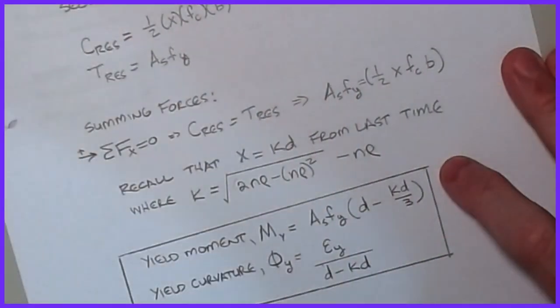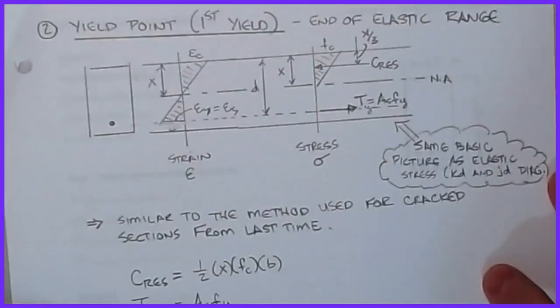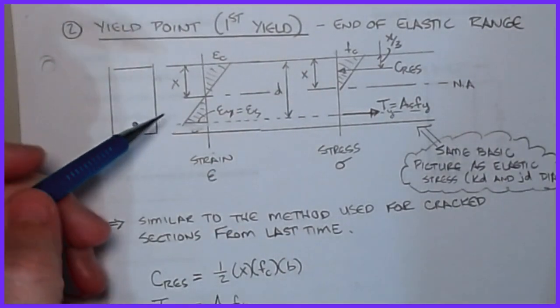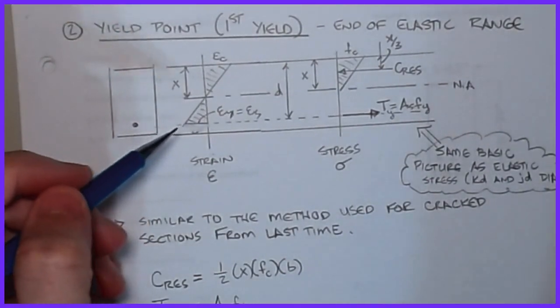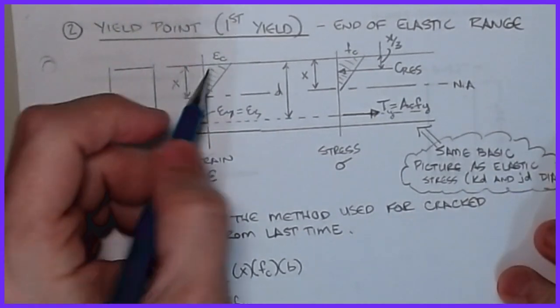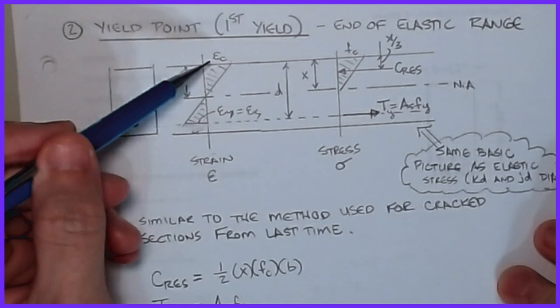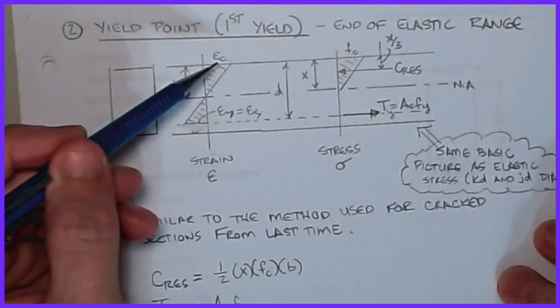The second point on this is the yield point, which is what we call first yield. It's the first strain at which my steel has started to yield. Again, we don't know epsilon c. From a design standpoint, I like that to be 0.003, but in a generic sense, I don't know this value.